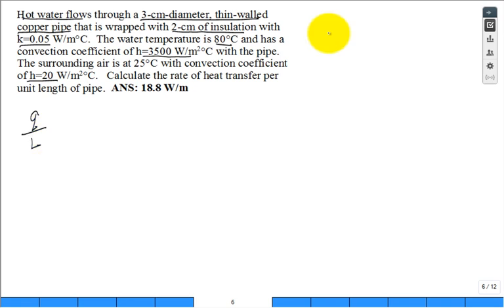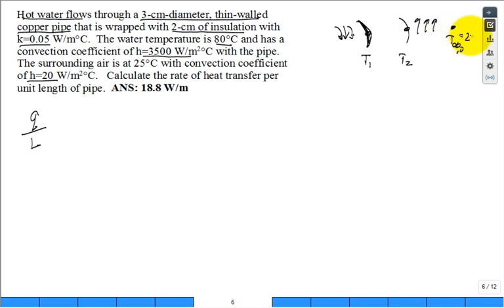So naturally, I try to make some sketches. I think about the convection on the inside, convection on the outside, and it's thin-walled, so I don't have any thickness for the copper. But I have the temperature on the inside, which is the same as the copper temperature, and then the temperature on the outside, which is close to 20 degrees C. But here is our temperature of the fluid far away on the outside.